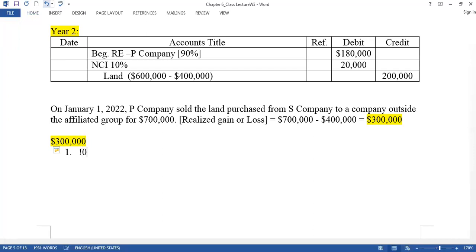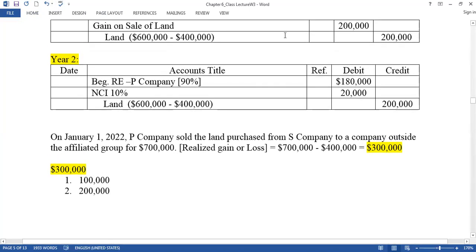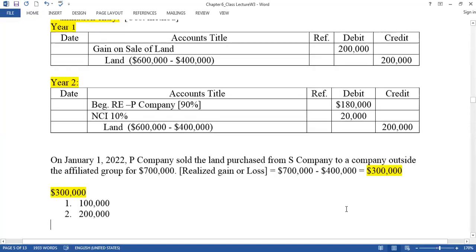One is $100,000. Another is $200,000. Because look, try to understand, this is realized, right? Realized means sales with third party. Clear? Sales with third party.